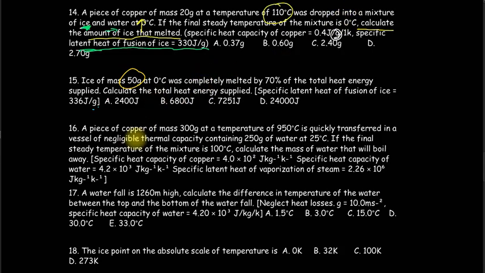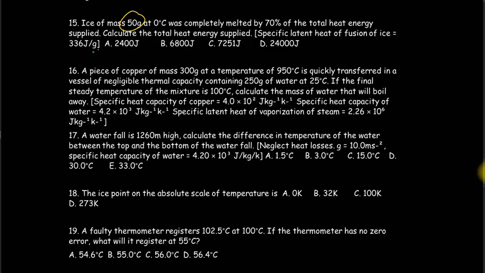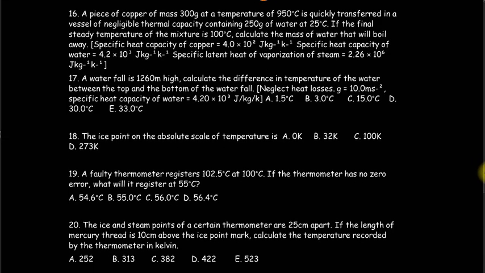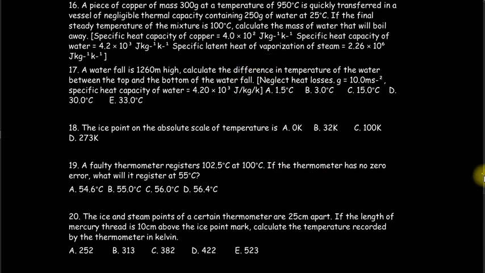Okay, so next question. Oh, there's an option, so this is the correct answer here. Next question, 16. A piece of copper of mass 300 grams at temperature 950 degrees is quickly transferred to a vessel of negligible. Okay, so this is very, very long. I'm already getting tongue twisters just reading this.